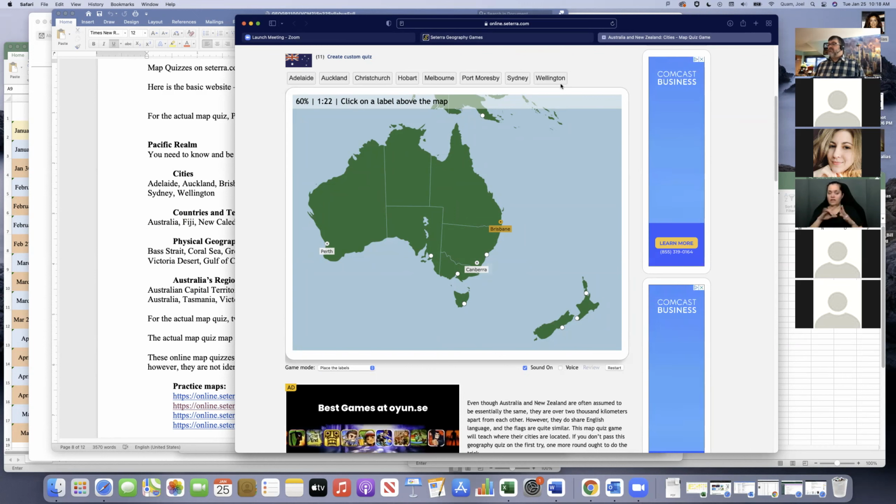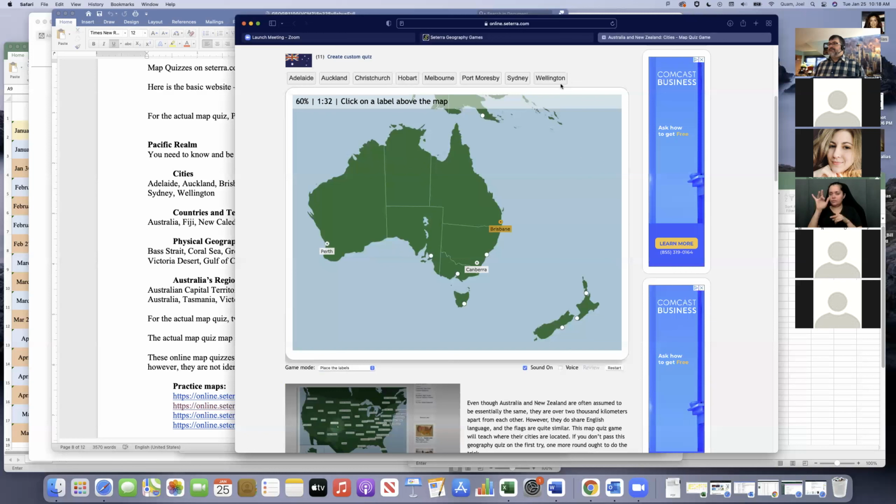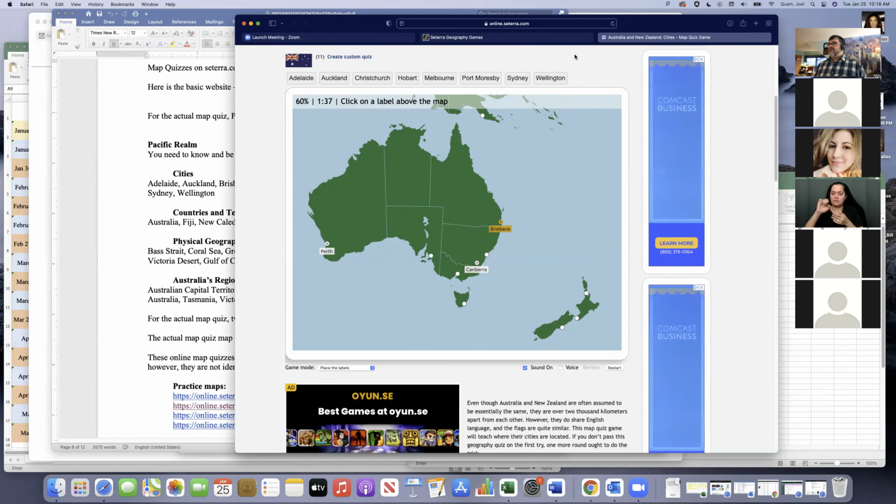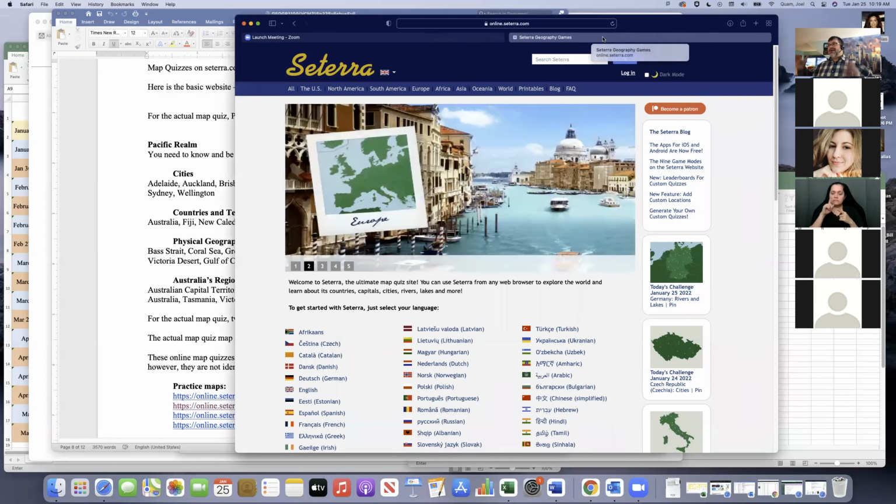Depending on how many right or wrong, there'll be a percentage, and I will use that percentage to show me what your grade out of 25 is. So that's basically how the map quiz system works for the online map quizzes. And because we're virtual, that's going to be how it is.